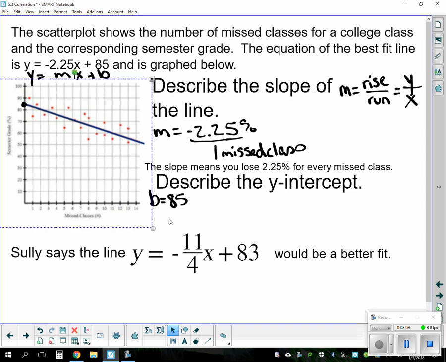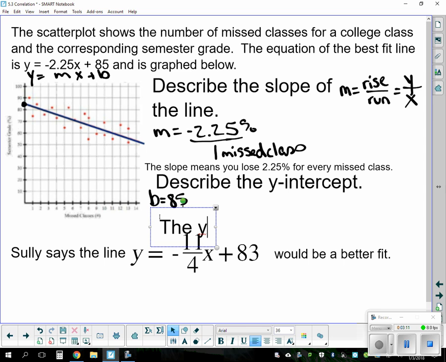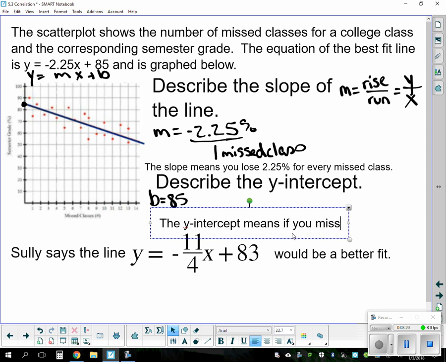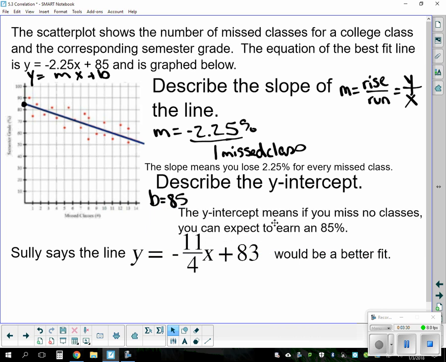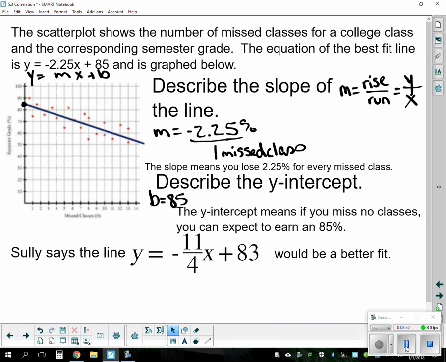Okay, so just a quick sentence to say that. The y-intercept means if you miss no classes, you can expect to earn an 85%. So a quick sentence describing what your slope is and what your y-intercept is.